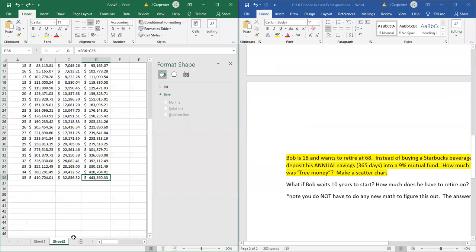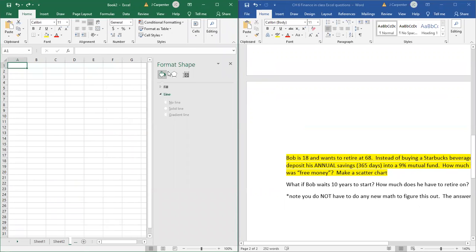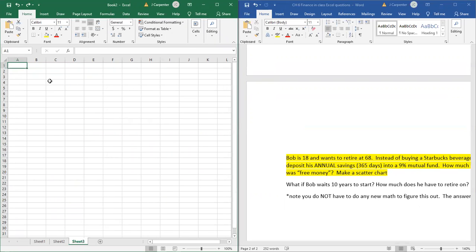All right, so let's get it. All right, new page. Now, this one is going to look a little different in a couple of ways. Let's go year, starting amount. We're no longer just putting money in and leaving it there.